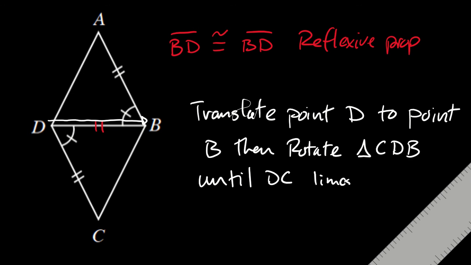Until DC meets segment BA. What does that mean? DC would meet segment BA. Yeah, until they meet. And that's how I would translate that so that the triangles lined up perfectly.